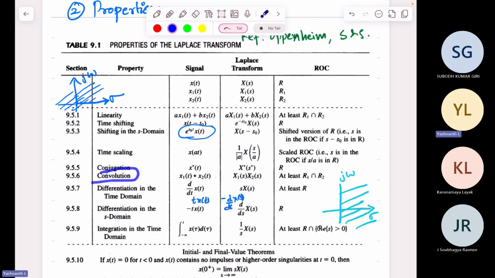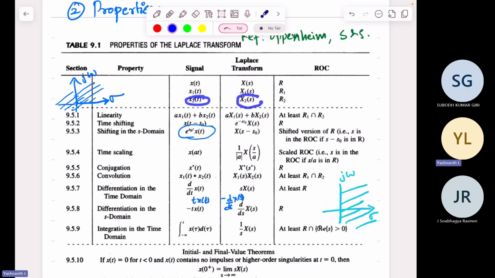Now, convolution, there is a very important property. We will use this very often when we go to characterizing systems using the Laplace transform. The convolution property of the Laplace transform says that if x1 of t has a Laplace transform X1 of s and x2 of t has a Laplace transform X2 of s, then the Laplace transform of x1 of t convolved with x2 of t is the product of the Laplace transforms.